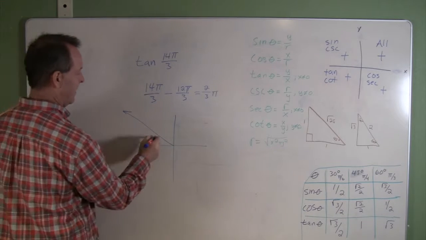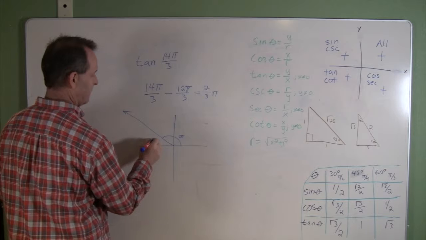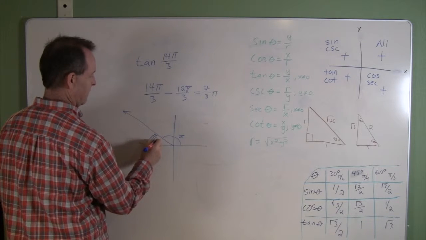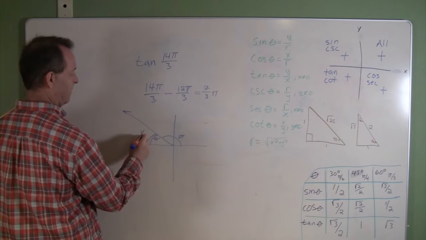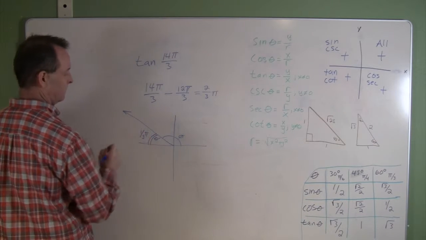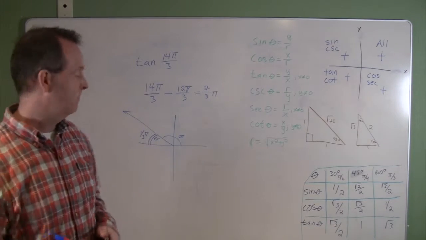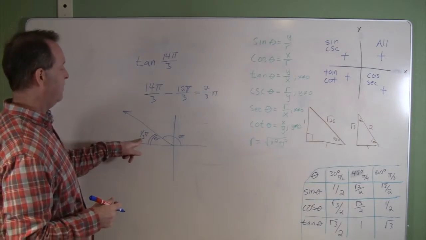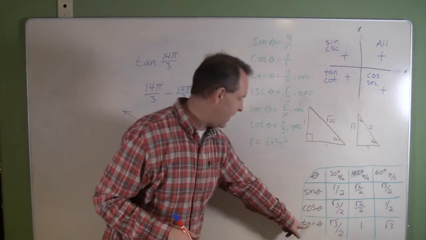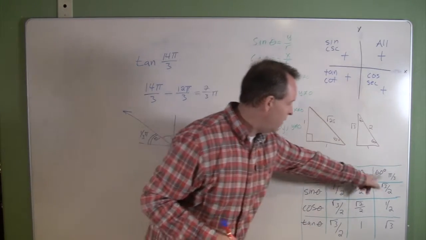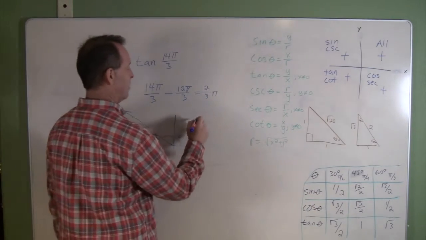There's 2 thirds pi. Theta prime is 1 third pi. So let's find the value of the tangent of 1 third pi, and I think that I have it over here on the grid. So tangent of 1 third pi is root 3. So the value is root 3.